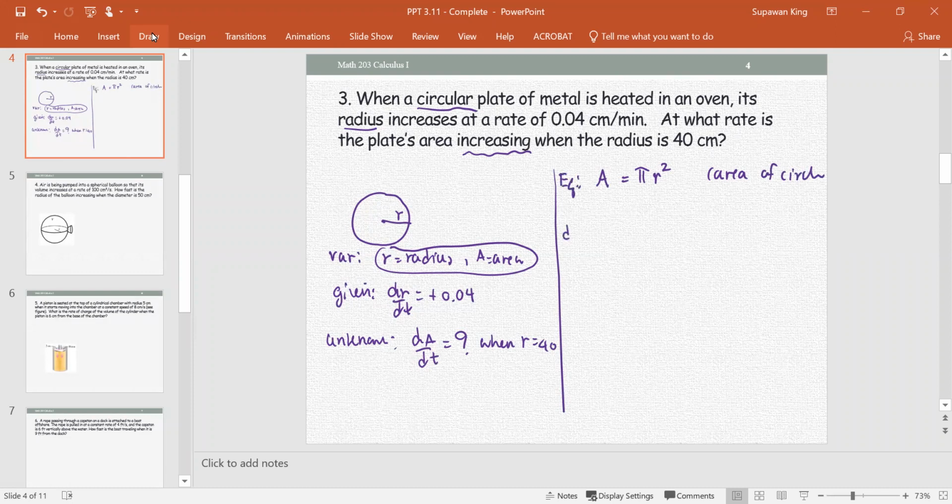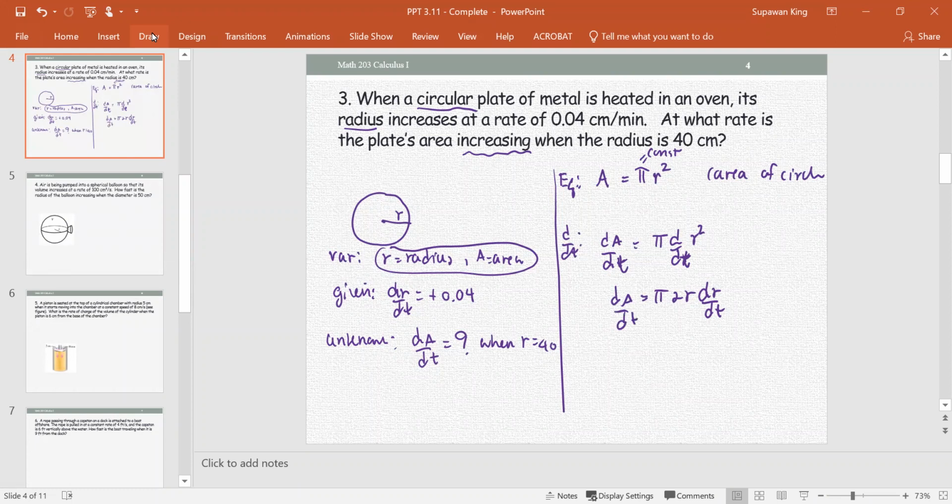Next, we find the derivative with respect to time of both sides of the equation. Recall that pi is a constant, so we treat pi as a constant multiple of r squared. dA by dt equals pi times d of r squared by dt, and the derivative of r squared with respect to t is 2r dr by dt.